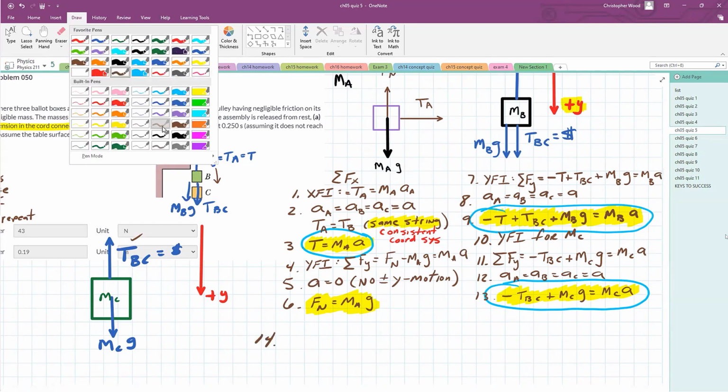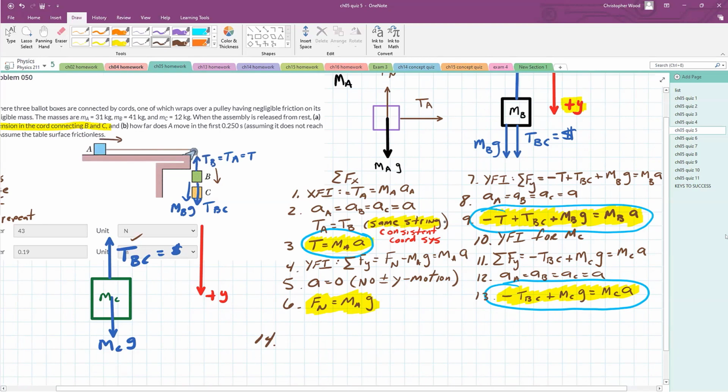All right. So, I'm going to make this substitution right here. I can see that this minus T can be replaced with that. So here's my new number 9.